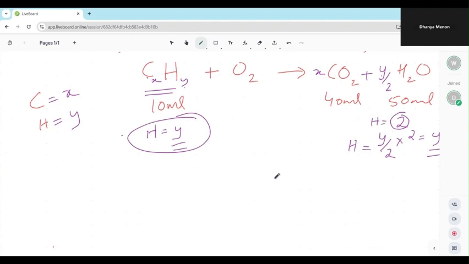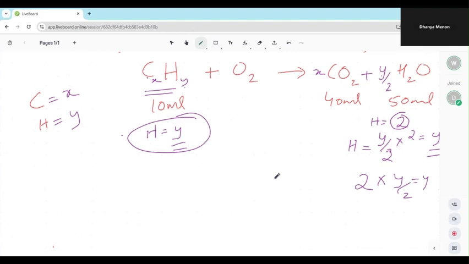So how can I make it into one Y? I have to multiply the 2 hydrogen atoms with Y by 2 so that I get Y. This is what I have done, so that I can make the number of hydrogen atoms in the reactant and product the same.